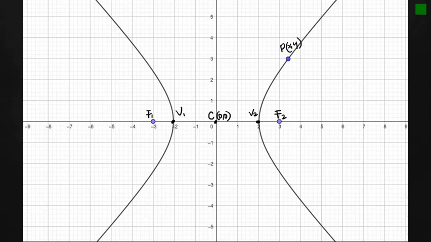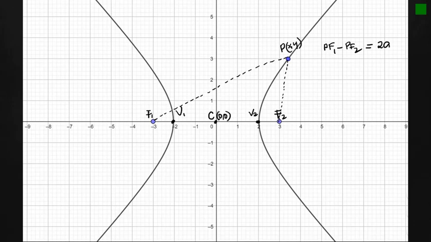When we say common difference, it means that if we take the distance from this point P to f sub 1, so this segment here, and deduct from it the distance from P to f sub 2, so we have P to f sub 1 minus P to f sub 2, that would be equal to a particular constant. Let's say the constant is 2a.